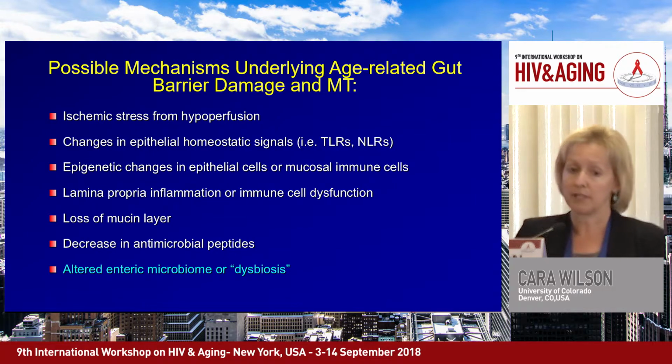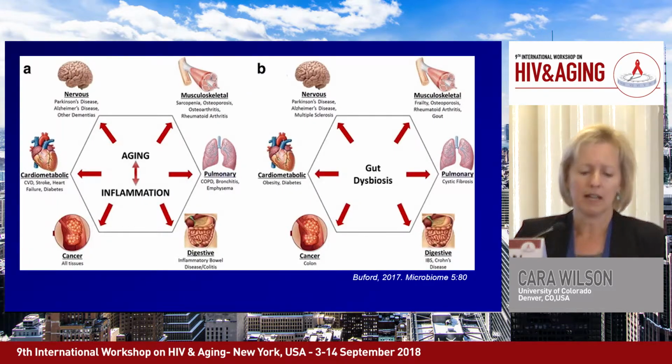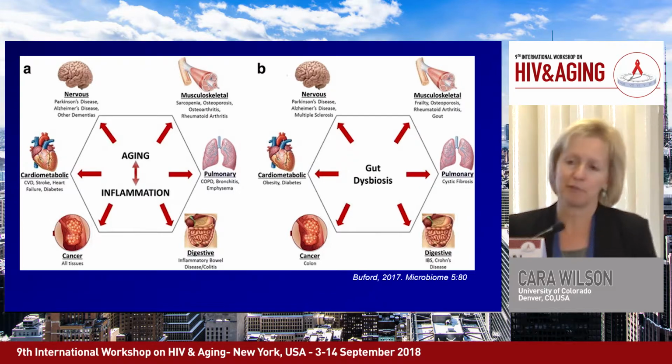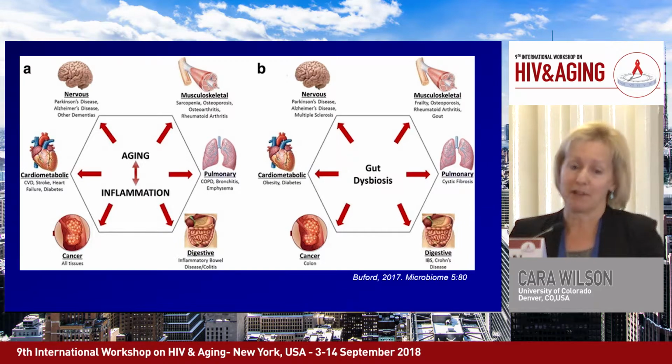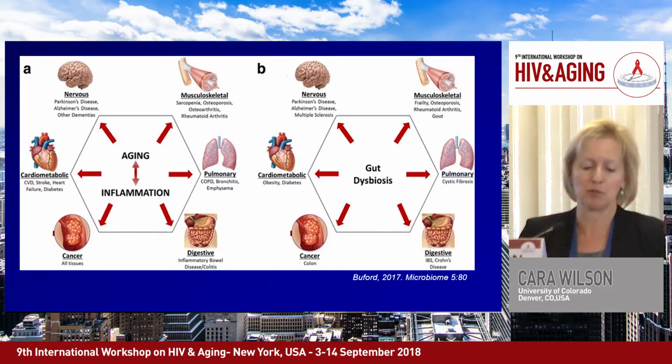But there's growing evidence that the changes in the enteric microbiome, or dysbiosis, as we call it, is playing a role also in the age-related inflammation. If you're interested in this topic, there's a really good review on age-related inflammation and the microbiome by Thomas Buford in 2017.